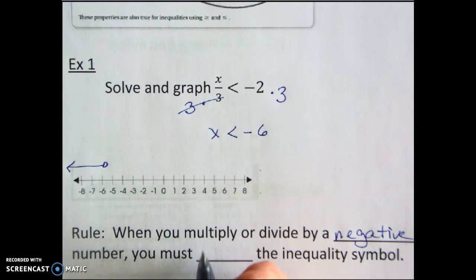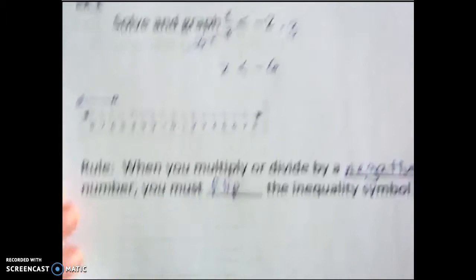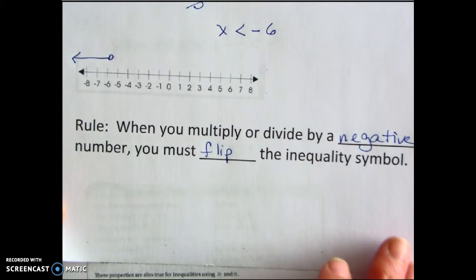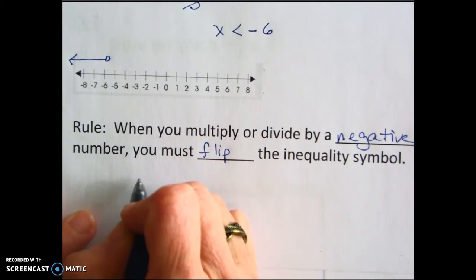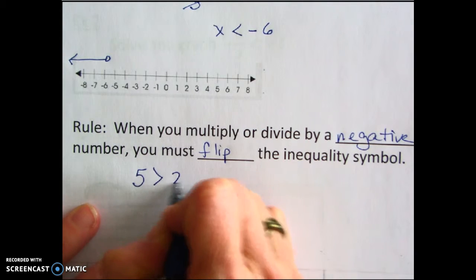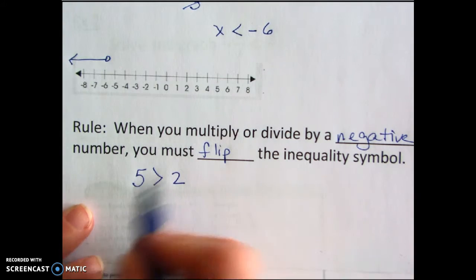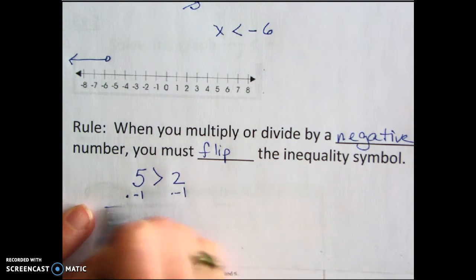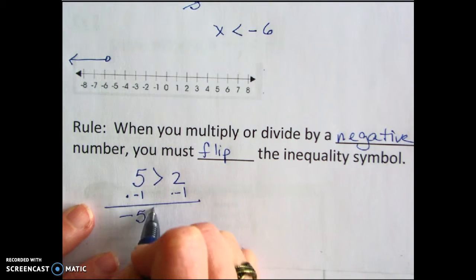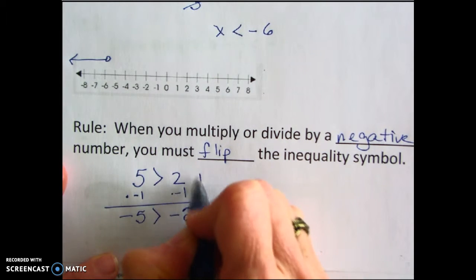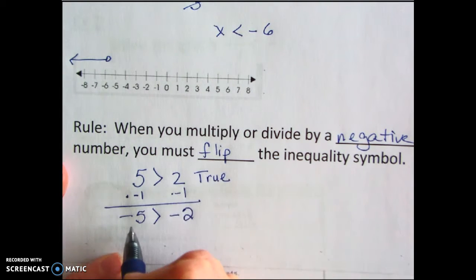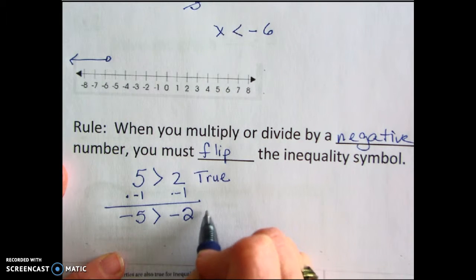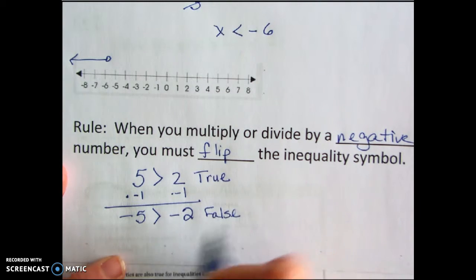Now there's going to be a rule when we multiply or divide by a negative number. You must flip the inequality symbol. Okay, and I'm going to try and explain to you why that must be. If you think about having an inequality, let's just say 5 is greater than 2. If I multiply by a negative number, let's just multiply by -1, now we have -5 is greater than -2. 5 is greater than 2 is true, but -5 is less than -2.